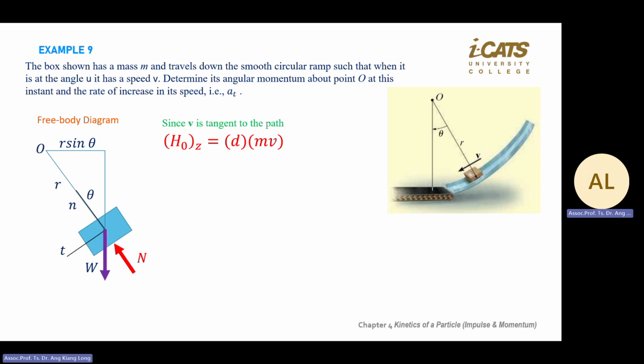Then the magnitude of your angular momentum: you are given r and your v is always tangent, so it creates a moment of angular momentum. You have your mv here, multiplied by the perpendicular distance. In circular motion, your r is always 90 degrees to your tangent direction. As on the whiteboard, moment equals force multiplied by the perpendicular distance, so r cross mv gives you your moment of angular momentum.